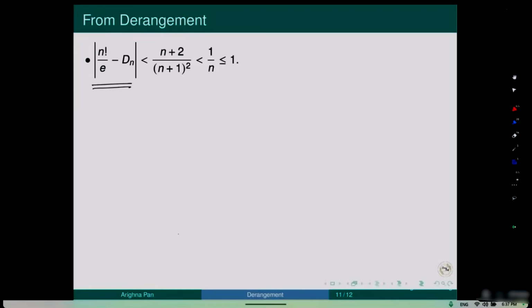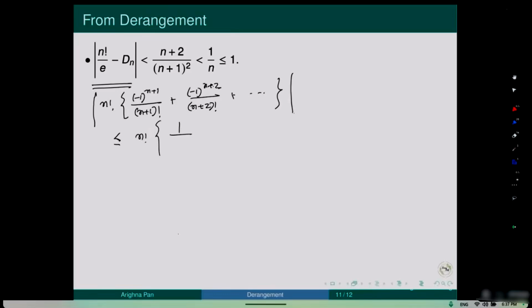this value, it will be nothing but n factorial into minus 1 to the power n plus 1 over n plus 1 factorial, and so on. And it is clearly less than or equal to n factorial times 1 by n plus 1 factorial, 1 by n plus 2 factorial, and so on.